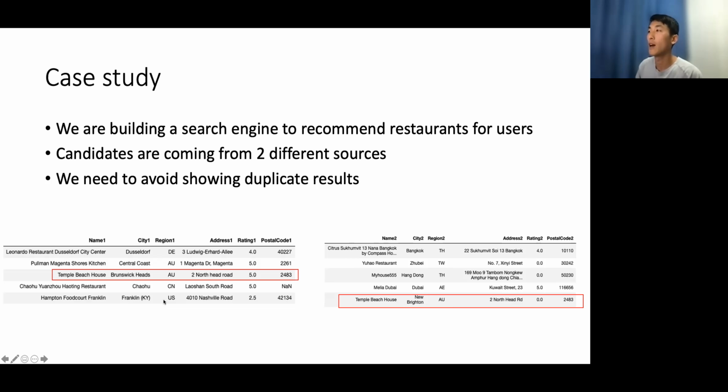So the first assumption I made here is that the information in region is correct. It's possible for a mistake to happen, but I think it's very unlikely that you put a restaurant into a different country or region. So that will reduce a lot of search space.